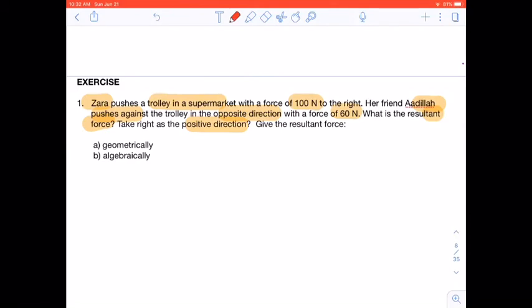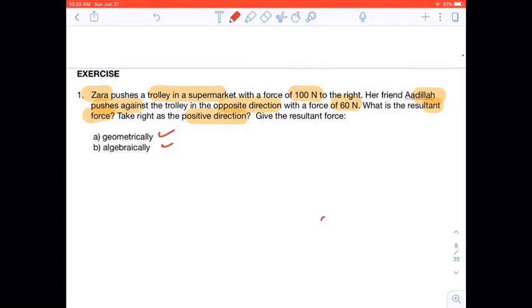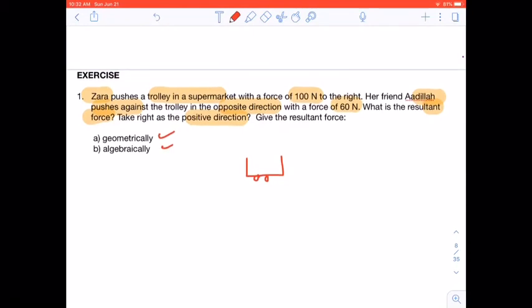This can be done geometrically or algebraically. So let's say here we have a trolley and we have Zara pulling in that direction, oh no, Zara is pushing it, so that would be plus 100 newtons.